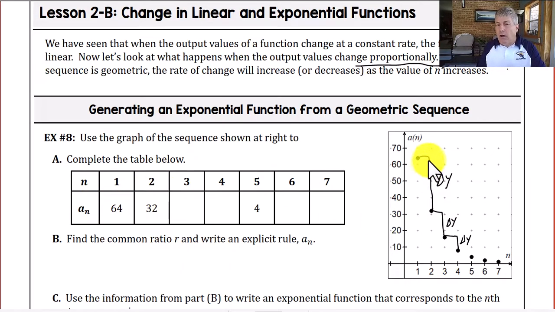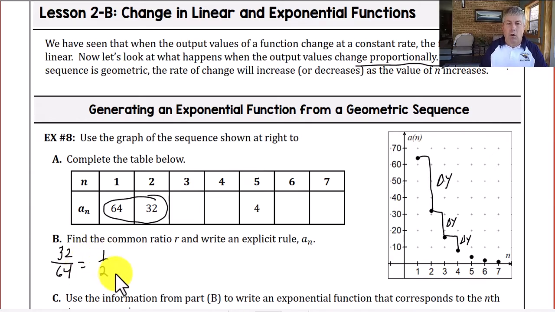If we're going to have a consistent ratio here, we can take a look at our two outputs for y and divide them and come up with that ratio, 32/64, which is 1/2. So it looks like our common ratio would be 1/2.